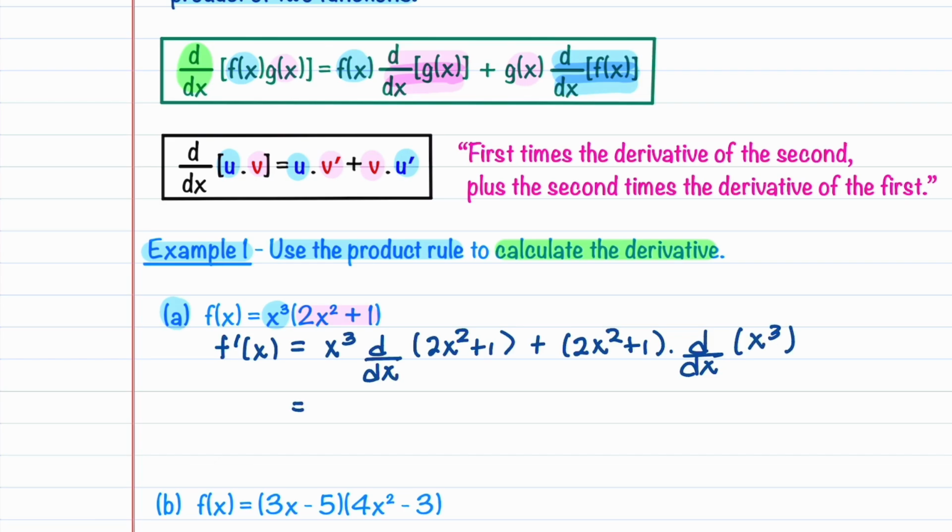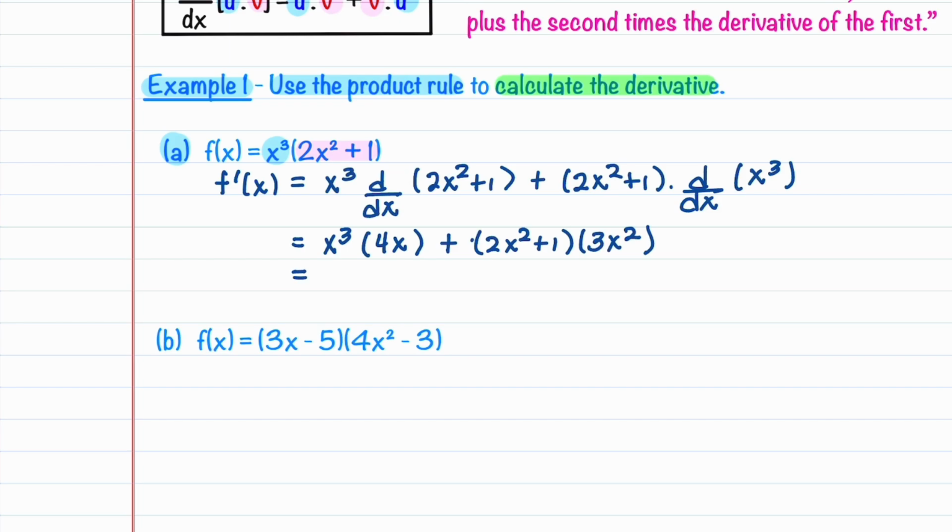Now all we have to do is just calculate these derivatives. We have x cubed, and then the derivative of 2x squared plus 1 is 4x, and then we have 2x squared plus 1 times the derivative of x cubed, which is just 3x squared.